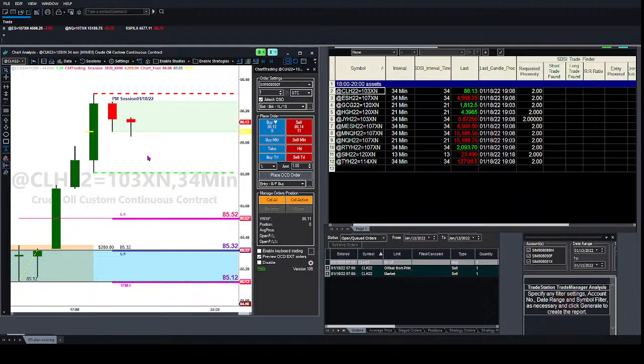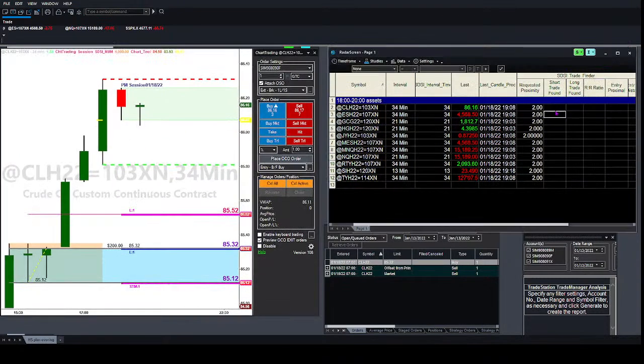So that's one little idiosyncrasy. The other thing is when you're using the Trade Finder, let's say I want to change the proximity setting for a single asset instead of having it be the same proximity of 2 for every symbol, you have to go to the one you want to change.